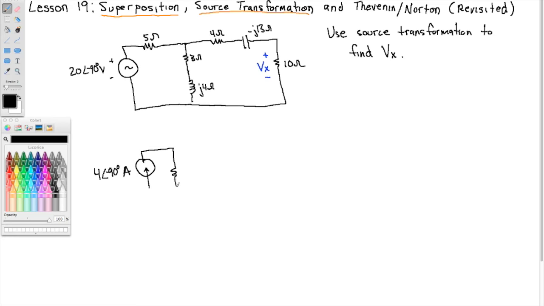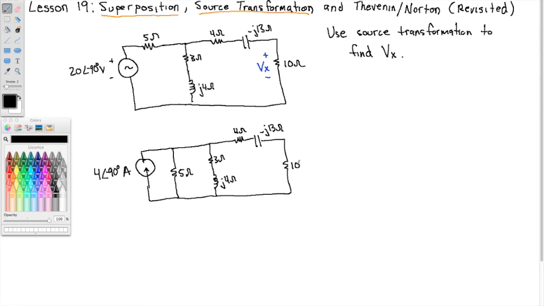Then the 5 ohms is in parallel now. This is still 3 ohms, still j4 ohms, 4 ohms, negative j13 ohms, and 10 ohms. Because that's equivalent, everything outside of that has stayed the same, including Vx.